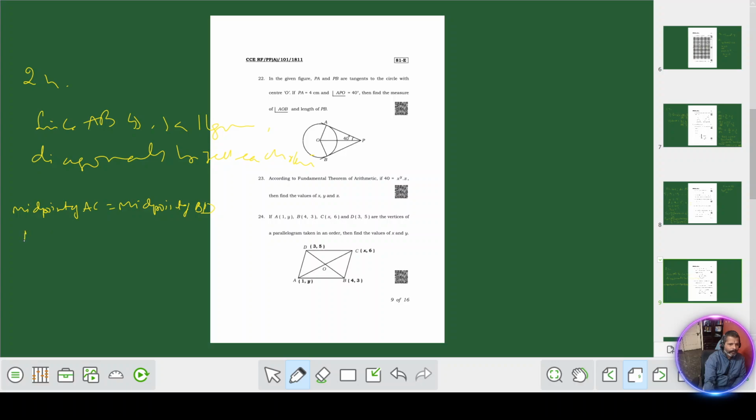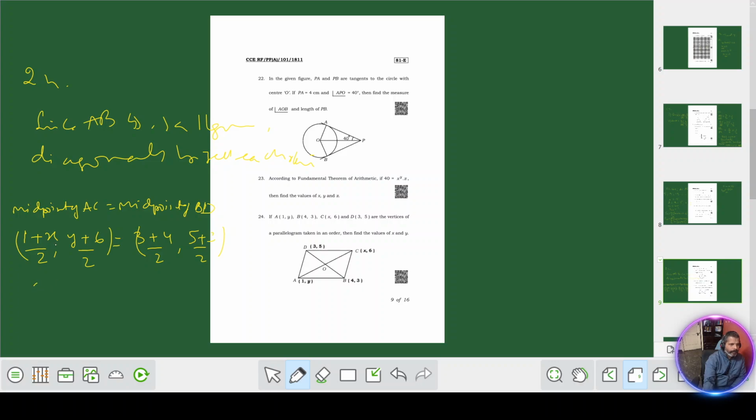That is 1 plus x by 2, y plus 6 by 2, equal to 3 plus 4 by 2, 5 plus 3 by 2. That's the midpoint formula. If you don't know it, for the 2 points x1 y1 and x2 y2 it is x1 plus x2 by 2 and y1 plus y2 by 2. Okay.